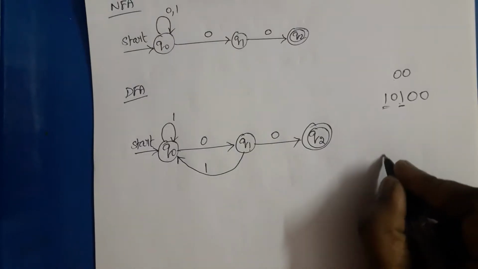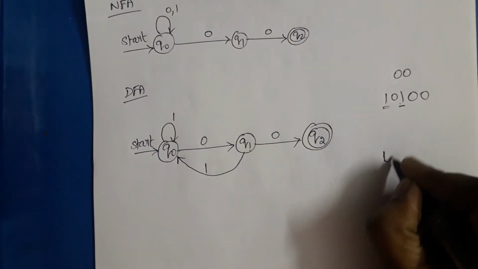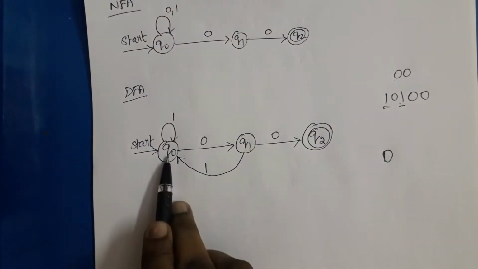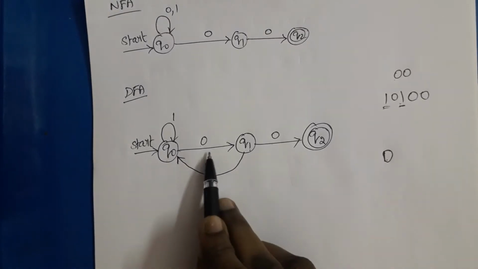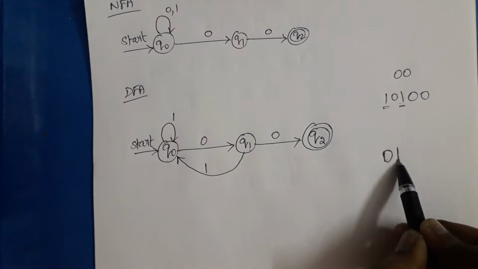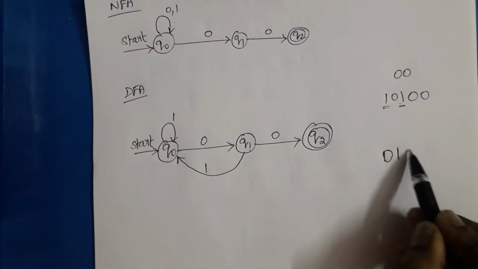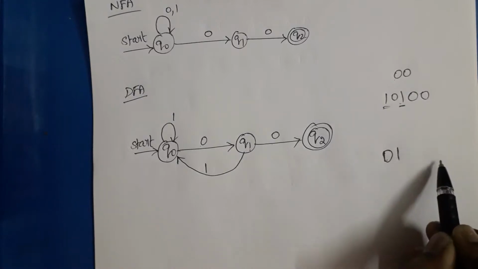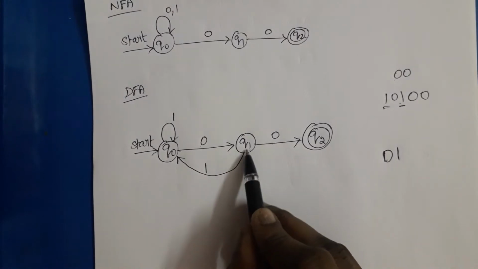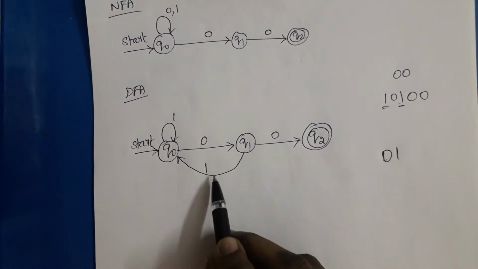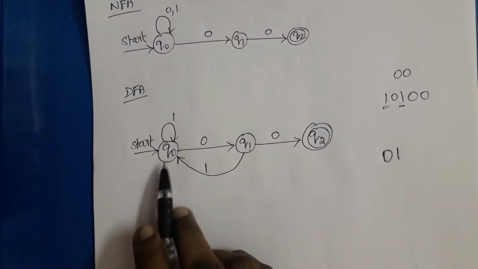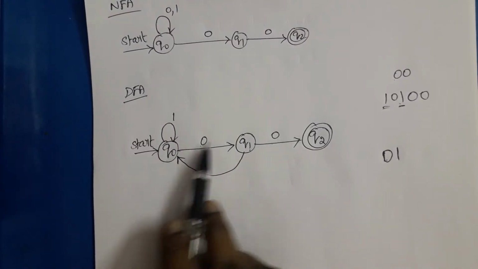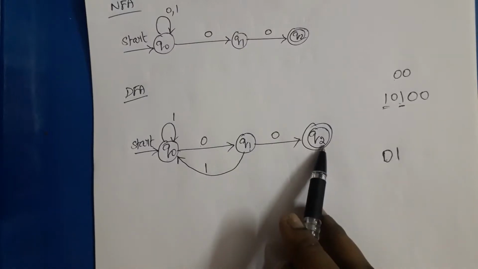So from Q1, if 1 is the input, then it should reach the previous state, because again we need to read 2 more zeros for reaching the final state.